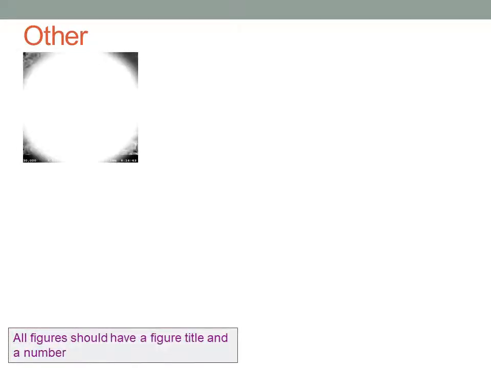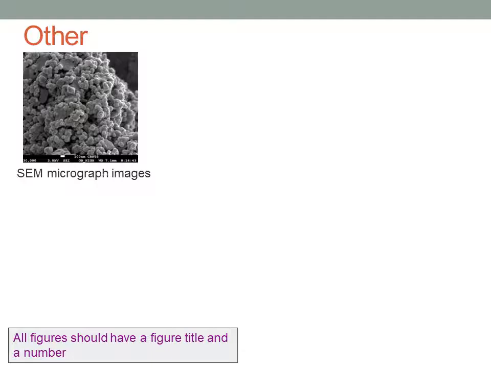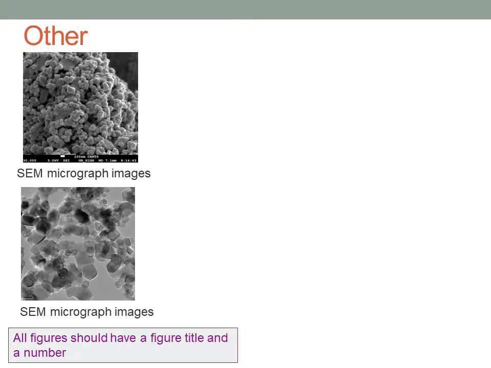Okay. Now let's see what other methods there are of putting results in your thesis. You can put SEM micrographs. If you're doing nano type of research, you can always include scanning electron microscopic images like this one. Then you can put the TEM image.